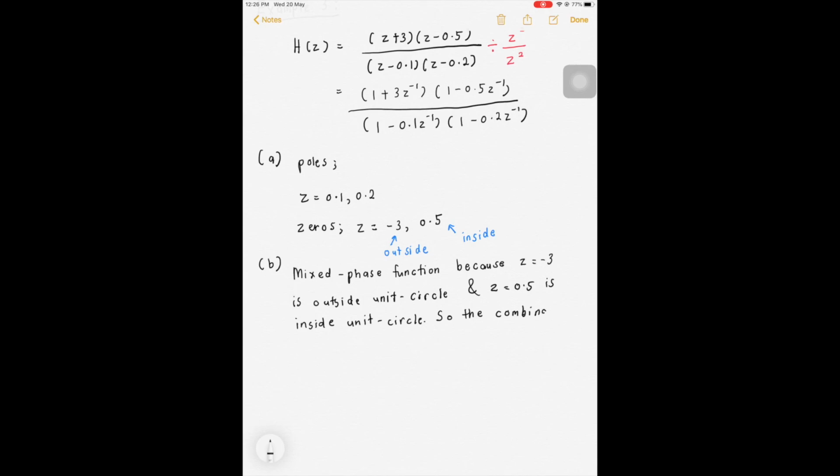So the combination of values inside and outside the unit circle represents a mid-phase function.